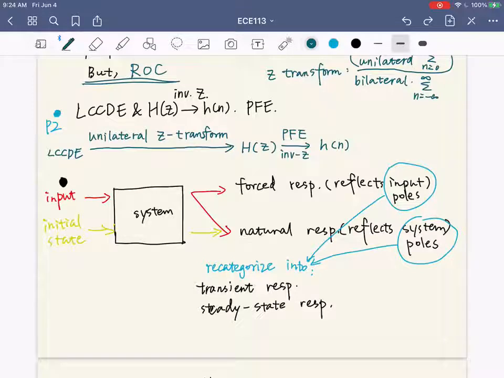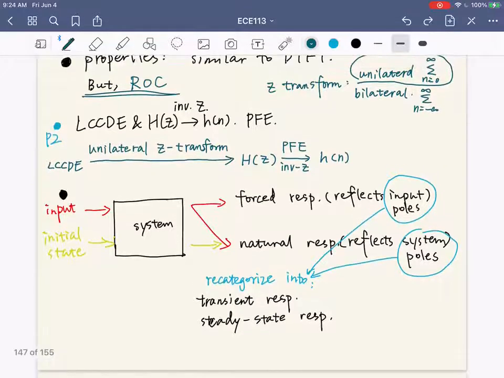Cool. Okay. And to make a diagram here, you know, this is our LTI system, and we have input, we have initial state, and going out of the system, we have many ways to categorize the output, right? And you'll see that I use different colors to illustrate. So you can see the input going into the system.